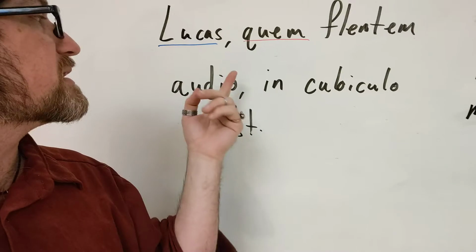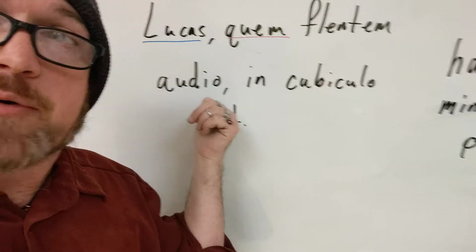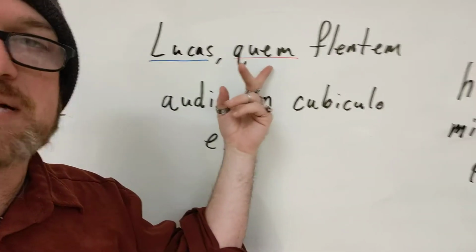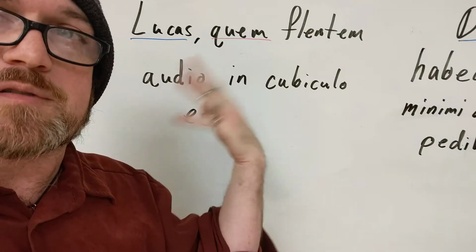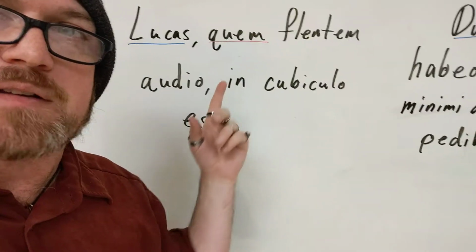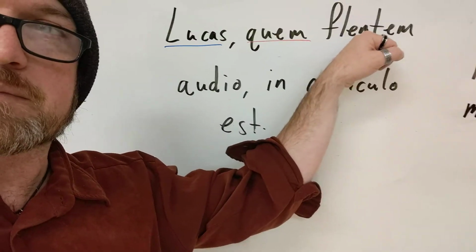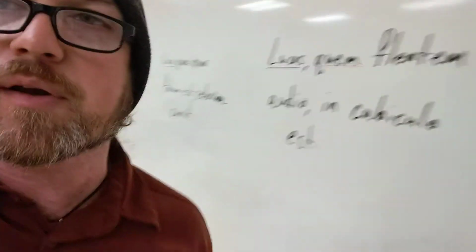In the relative clause, I have a new verb, and in this instance, it also comes with a new subject. Audio is first person, the subject is I. So whom is actually the direct object. It can still start the relative clause, and it's still describing Luke, but it's the direct object of that clause, whom I hear crying. All right? So that's a quick example of how they don't have to be in the same case.